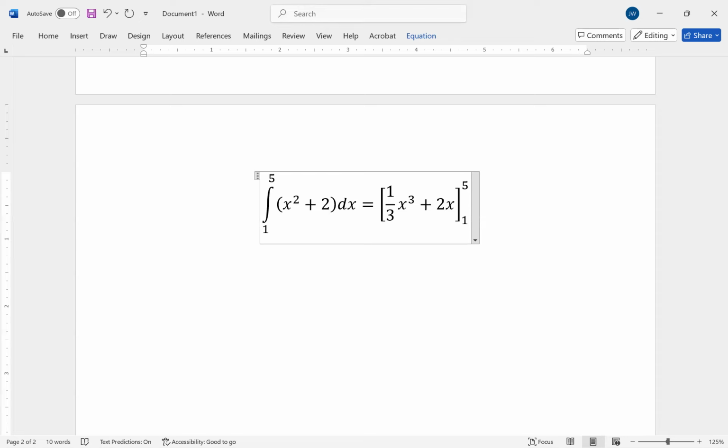Again, the notation that I use is subscripts and superscripts around a bracket, and the inside of the bracket contains some antiderivative, usually the antiderivative with 0 as the constant. So we're going to plug in 5, 1/3 times 5 to the third plus 2 times 5.